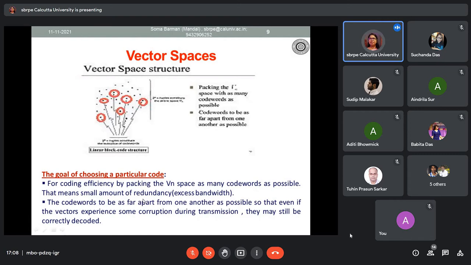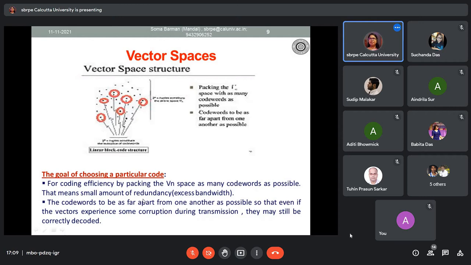Clear? That means 8 message sequences are mapped into 8 code word sequences out of 16 code word sequences.